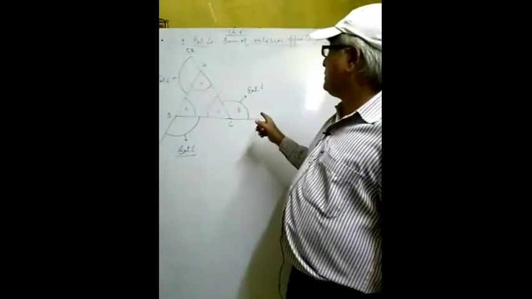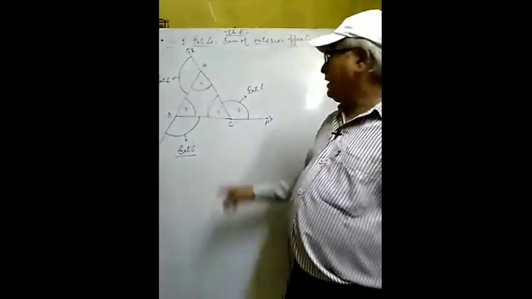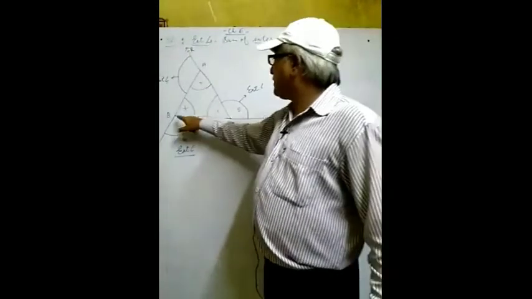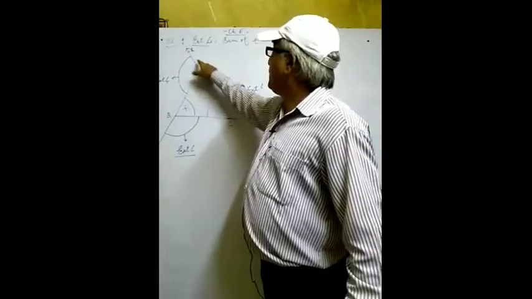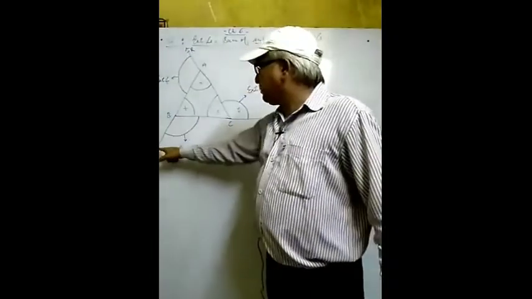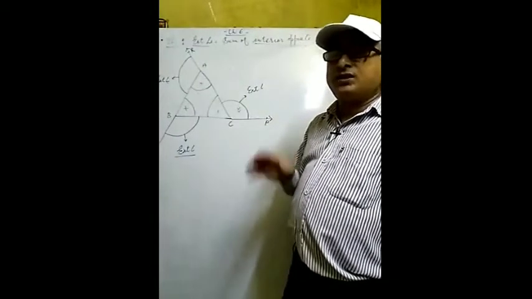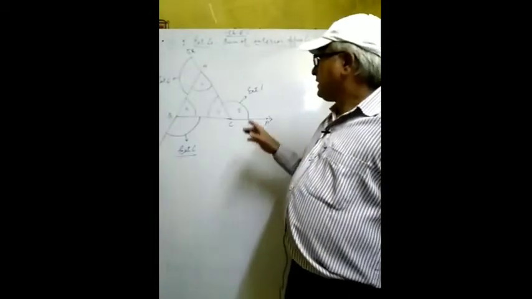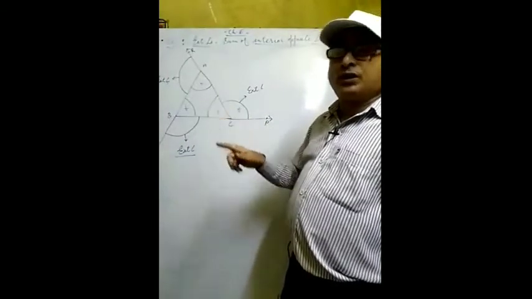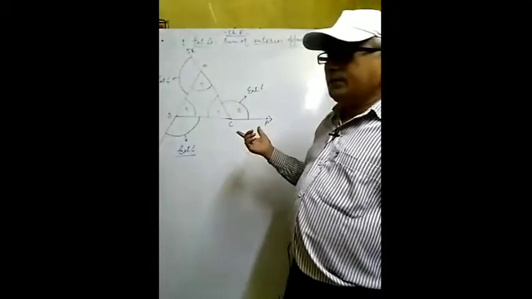What is given? It is given triangle ABC and exterior angles ACP, BAR and CBQ. These are three exterior angles. So we have to justify or verify that any exterior angle is equal to the sum of the interior opposite angles. Clear? So how to verify?